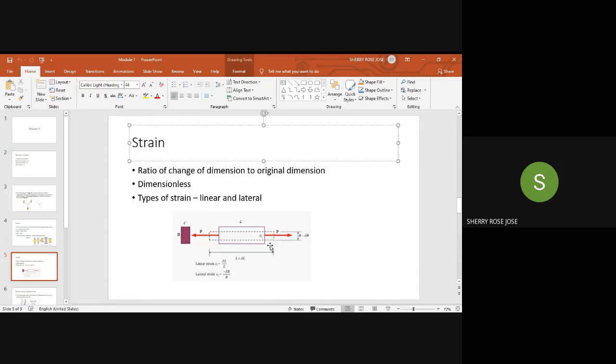The change in the dimension which is in the perpendicular direction to the line of action of the load, this is the line of action of the load, and perpendicular to this is this face, the change in dimension of B is termed as lateral strain. So linear strain is the change in the dimension that occurs in the direction of the load, and lateral strain is the change in the dimension that occurs in the perpendicular direction of the load applied.